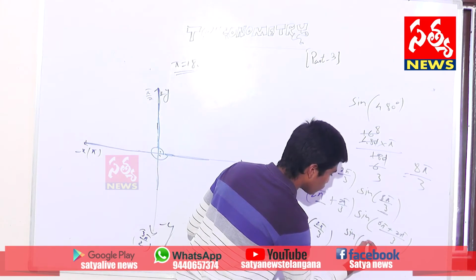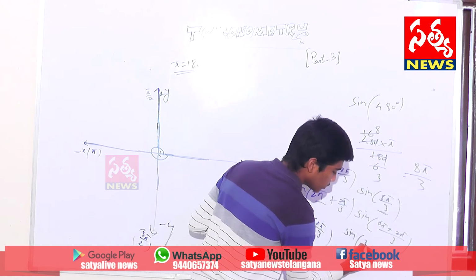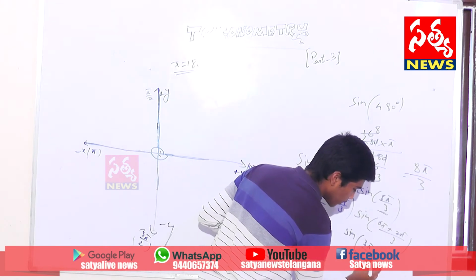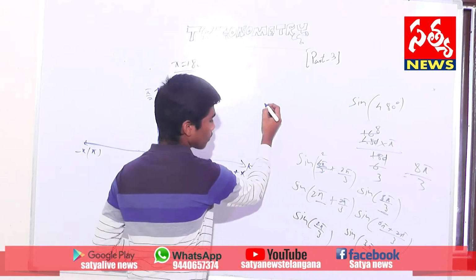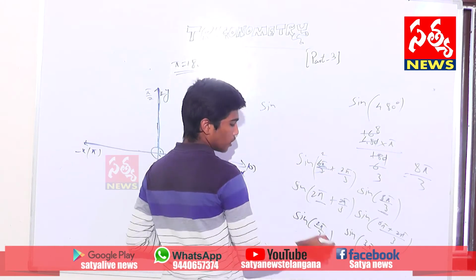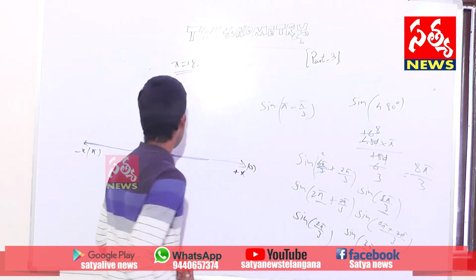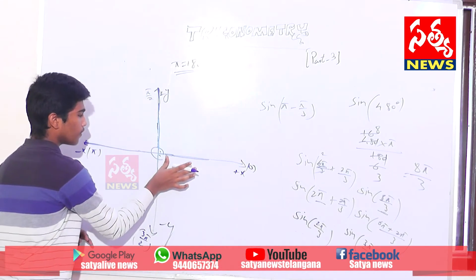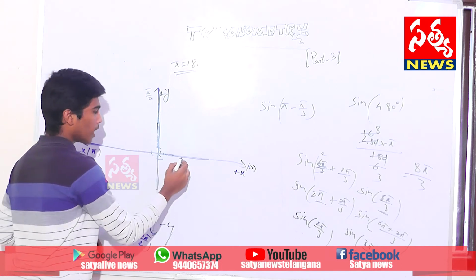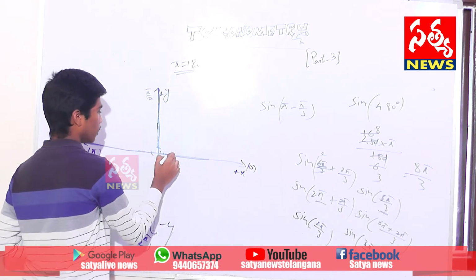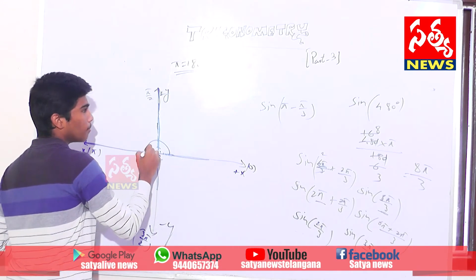So we have to convert 2 pi by 3 again into a simplified angle. So here sine of 2 pi by 3 can be written as sine of 3 pi by 3 minus pi by 3. If you split the denominator, we get pi minus pi by 3. So see here, now forget about this. We are at 0, pi minus pi by 3.